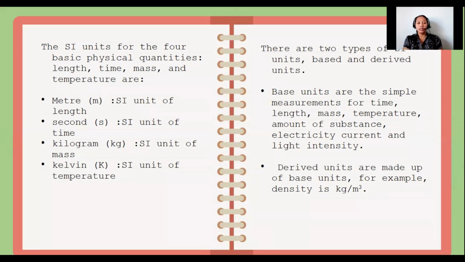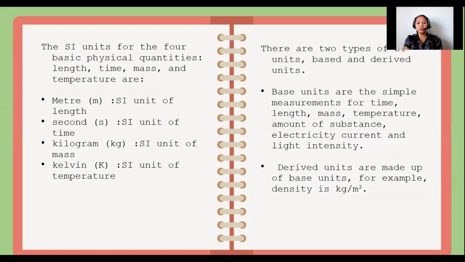So meter, small letter m, is the SI unit of length. Second, small letter s, is the SI unit of time. Kilogram, kg, is the SI unit of mass. And Kelvin, capital letter K, is the SI unit of temperature.